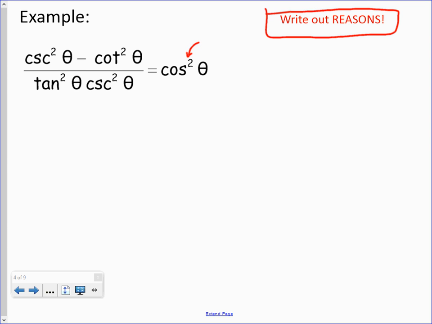Okay, so I'm going to give you maybe 20 seconds, just quietly at your desk. I want you to look at the left side and think about the work that we did on Friday. What would you think about doing? What are some options we have to start?